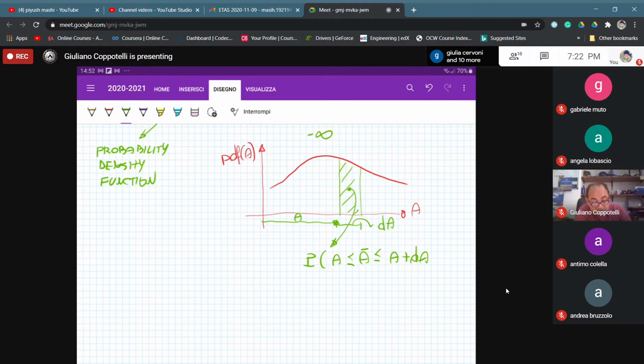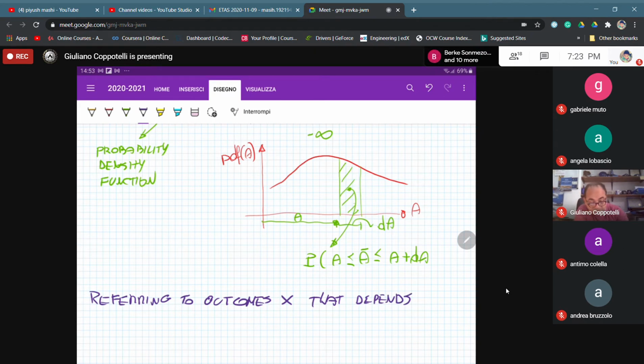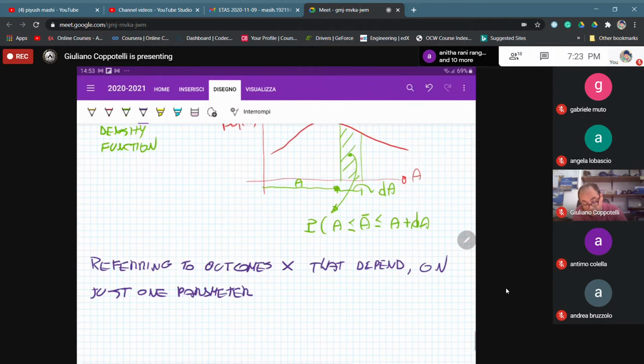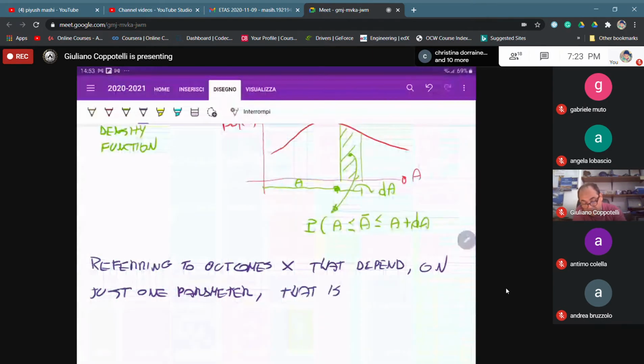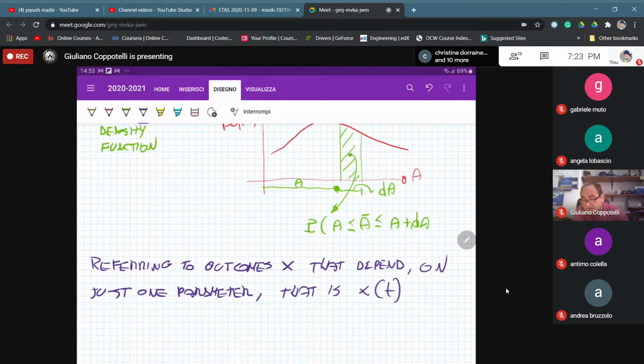So referring to outcomes X that depend on just one parameter, that is, your X depends on parameter T, for example.